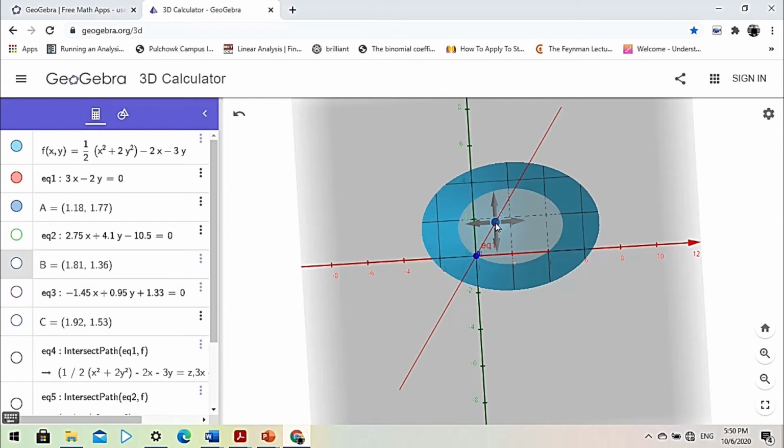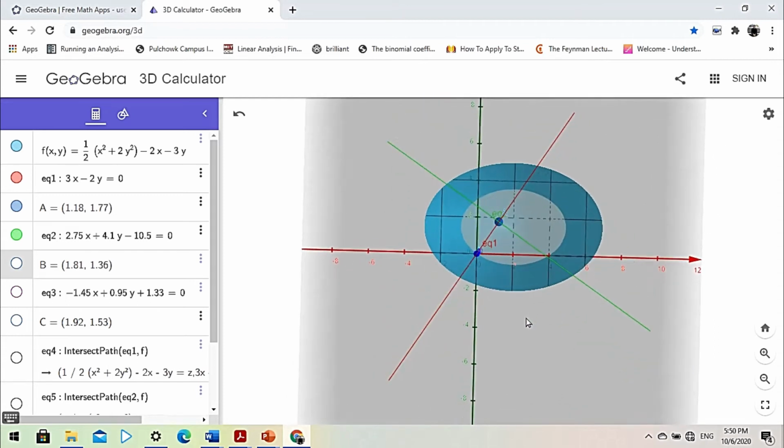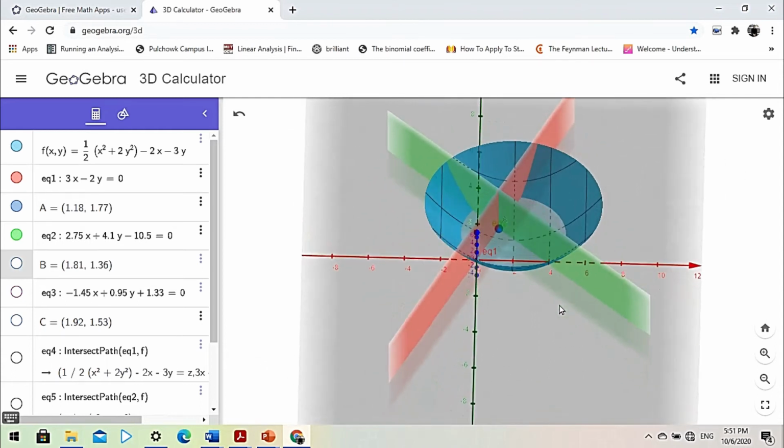And from the previous video you may recall that r0 and r1 are actually orthogonal to each other, and as you can see here, this green plane and red plane intersect each other at 90 degrees, so they are orthogonal to each other. And along this green plane we have to search for our new guess, right?